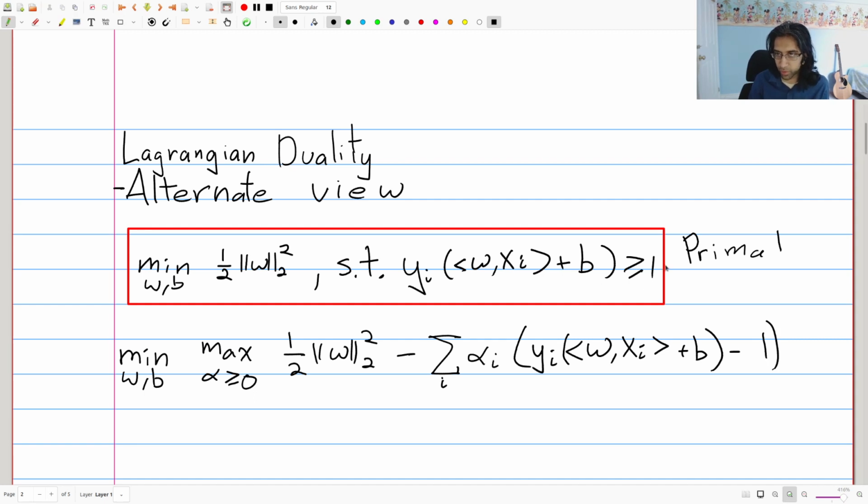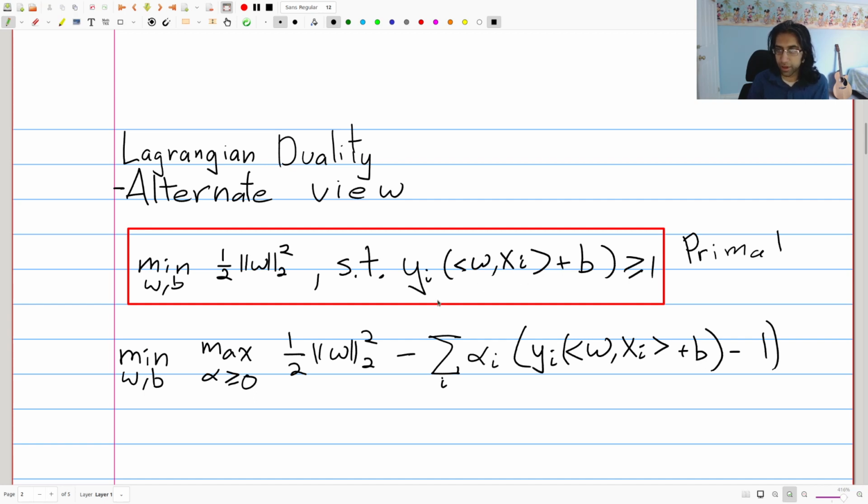So essentially we just moved this 1 over to the other side, and we get this expression right here, and we put it here. And then we multiply it by this parameter alpha i, and we put it in the objective function, and in fact we do this for every single point, or every single constraint in the data set.